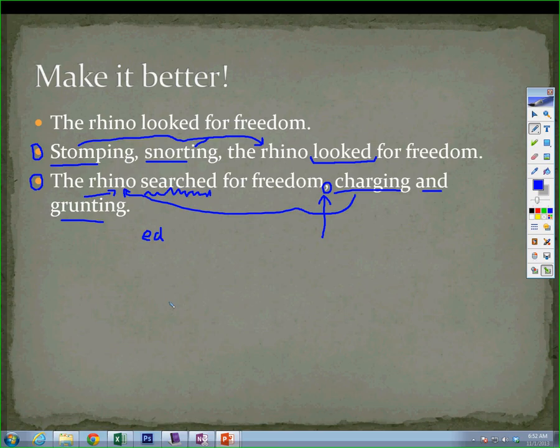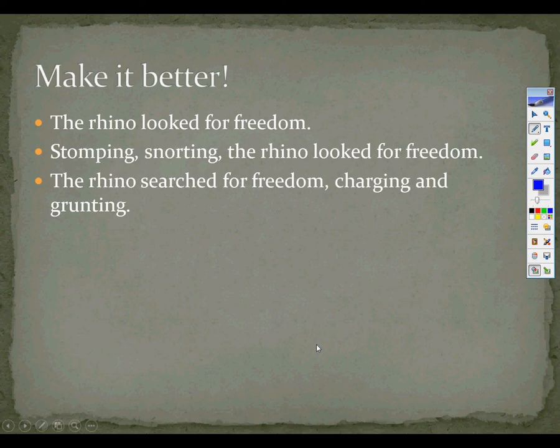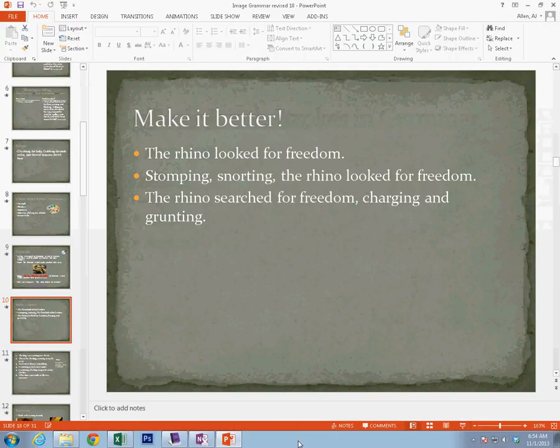The rhino searched for freedom, disgusted with captivity. Disgusted is your past participle, obviously modifying rhino. Okay, so we're going to stop the video, and the next one is absolutes, which is quite closely related to participles.